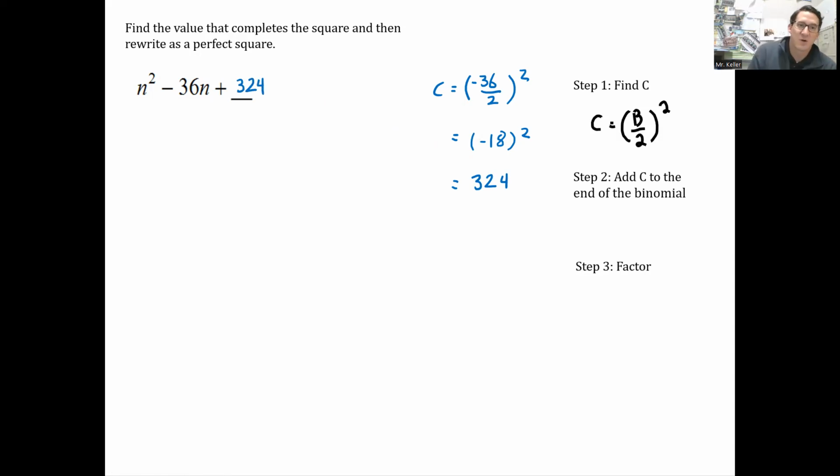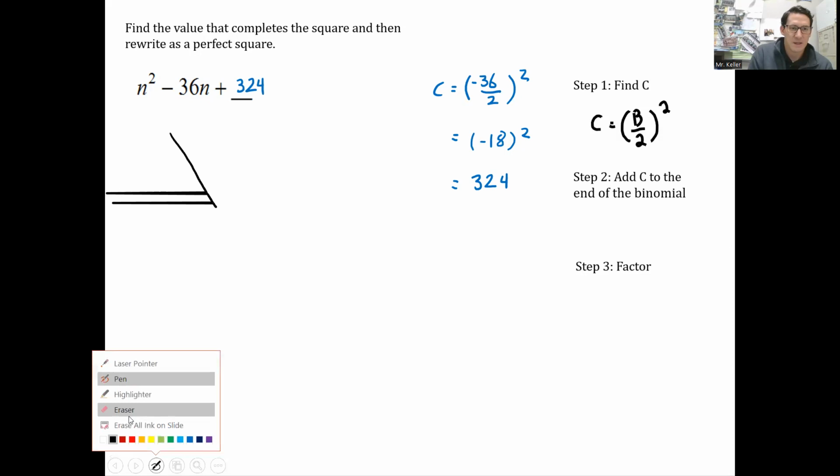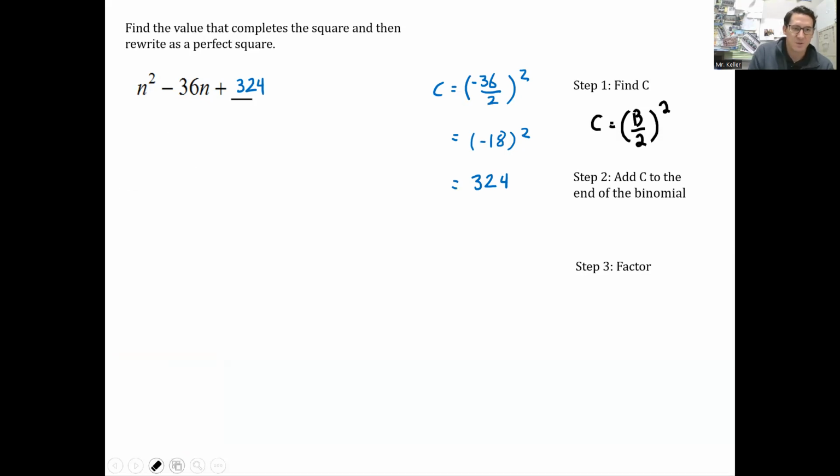This is a perfect square trinomial. So what I'm going to do next is factor this, just using an x factor. The 324 goes on top, negative 36 on bottom. We need factors of 324 that add to negative 36.